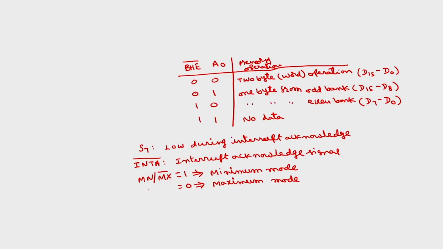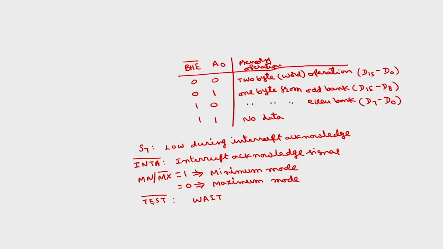Coming to the test bar signal, there is one instruction called wait instruction. I will discuss this while discussing the instruction set. So, whenever the microprocessor executes this instruction, as the name implies, it will simply wait.